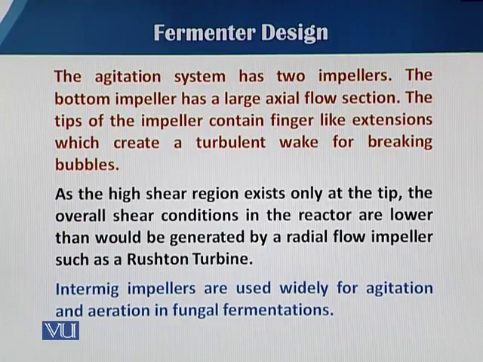As the high shear region exists only at the tip, the overall shear conditions in the reactor are lower than would be generated by radial flow impellers, such as the Rushton turbine. So intermig impellers are widely used for the agitation and aeration of fermentations involving mostly filamentous organisms, such as fungal fermentations.